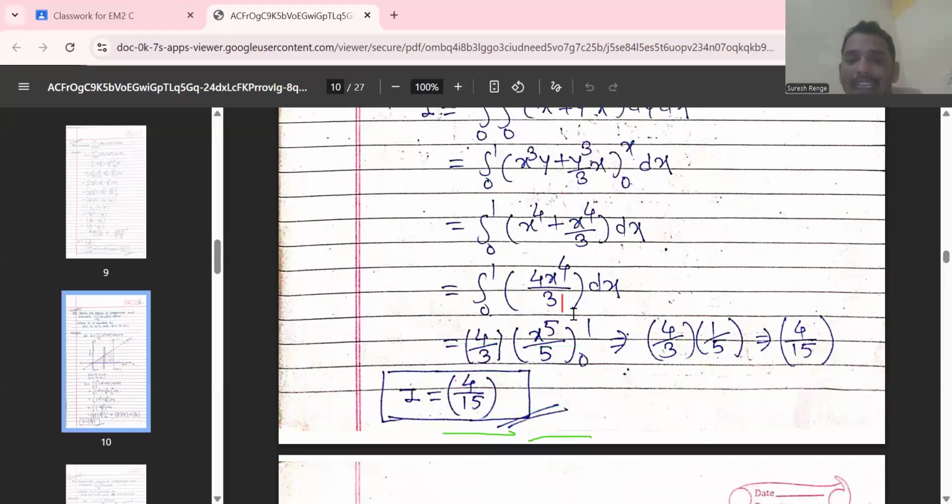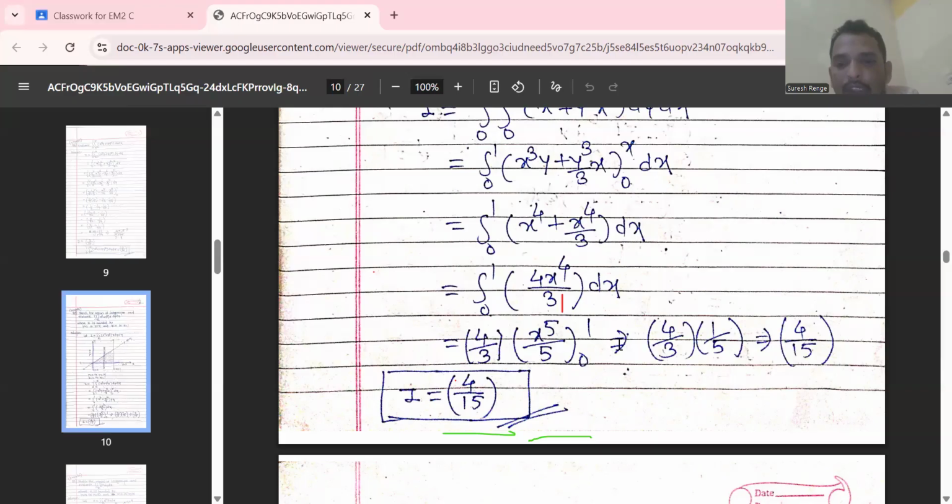Now we want to integrate. Take 4 by 3 outside the integration as a constant. What remains inside is x raised to power 4, and its integration is x raised to power 5 divided by 5, with limit 0 to 1.